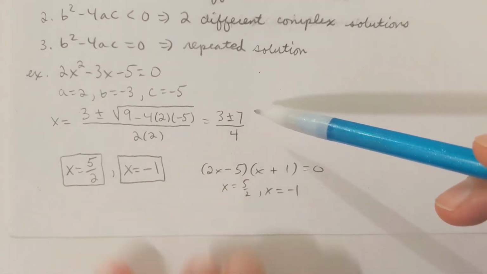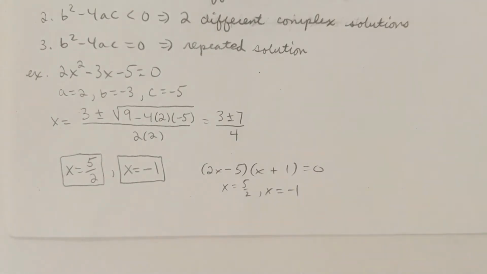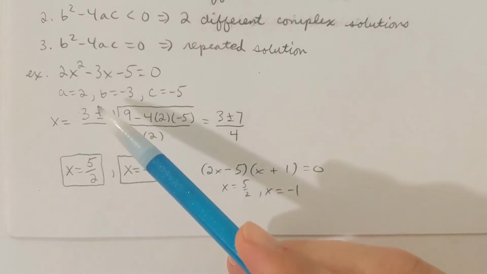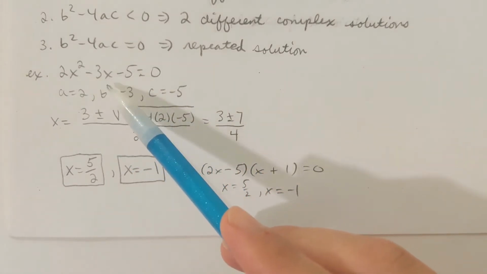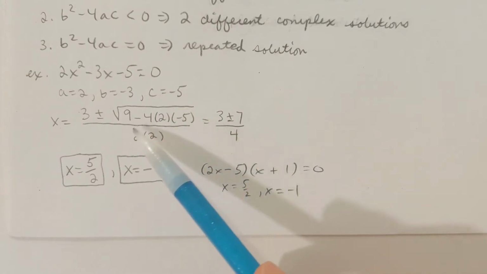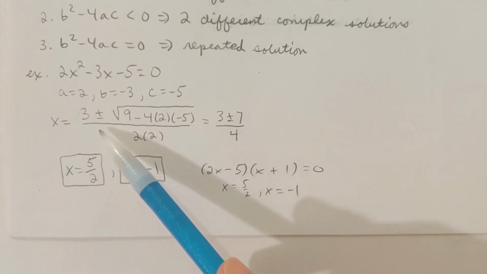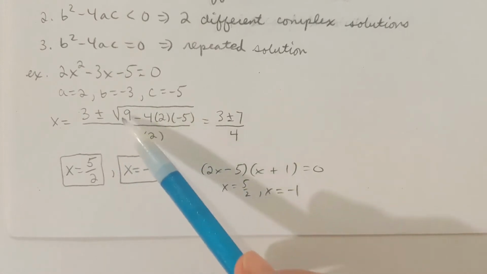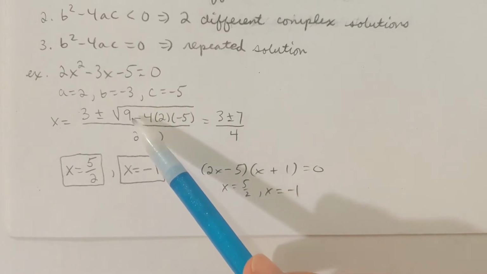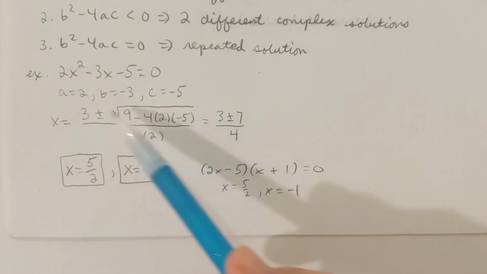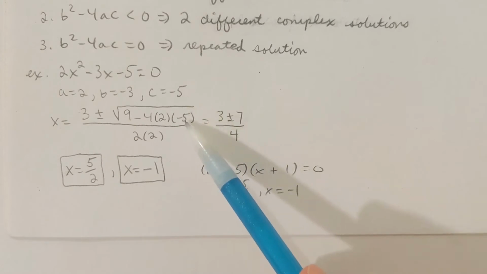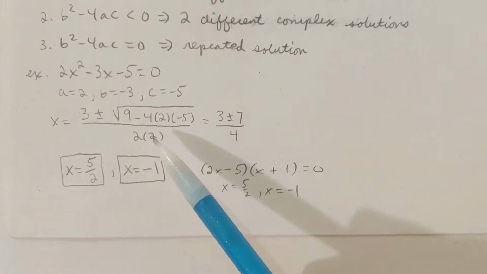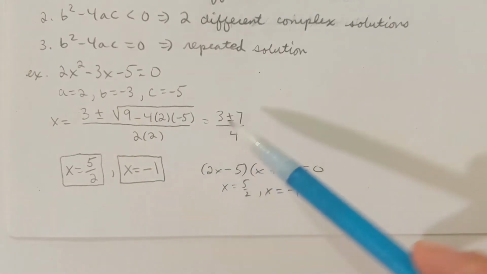For example, suppose that 2x squared minus 3x minus 5 is equal to 0. Well, a is 2, b is negative 3, and c is negative 5. So x is equal to the opposite of b, which is 3, plus or minus the square root of b squared, negative 3 squared is 9, minus 4 times a, which is 2, times c, which is negative 5, all over 2 times a, 2 times 2 is 4.